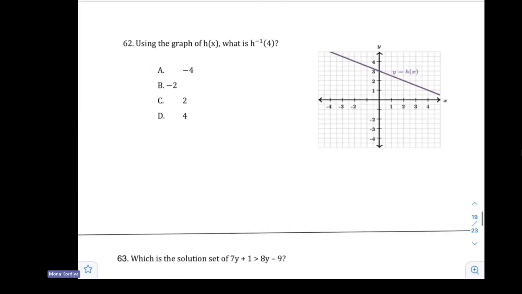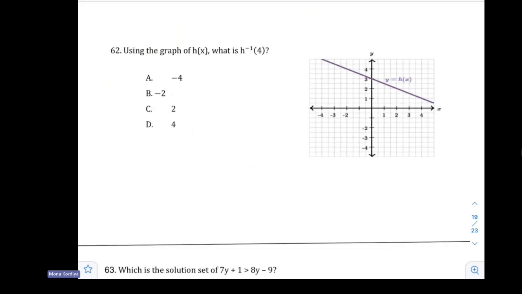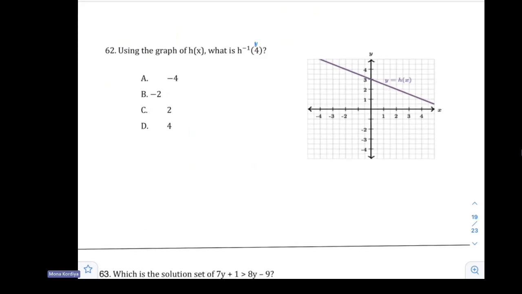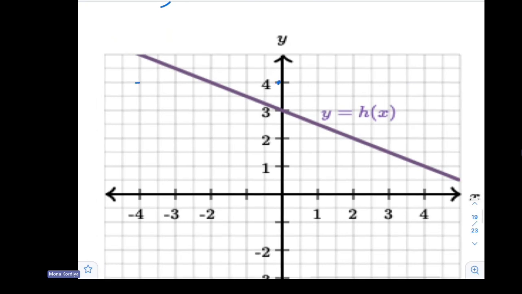Using the graph of h of x, what is h inverse of 4? H inverse of 4 means we need the point on the coordinate plane with y equal to 4. The best way is to extend the line and see where it crosses the given line.